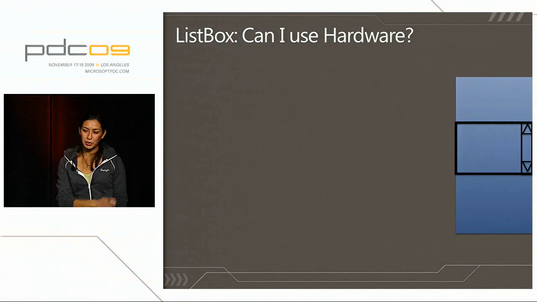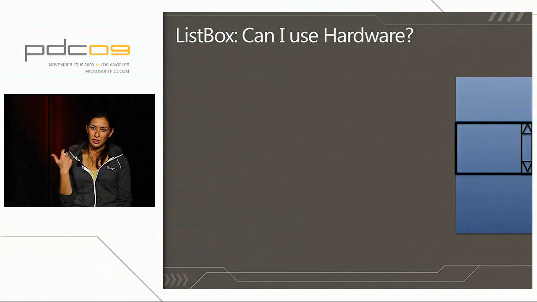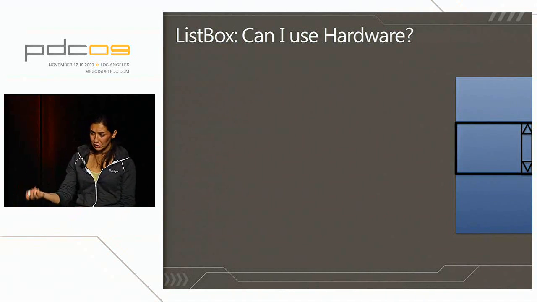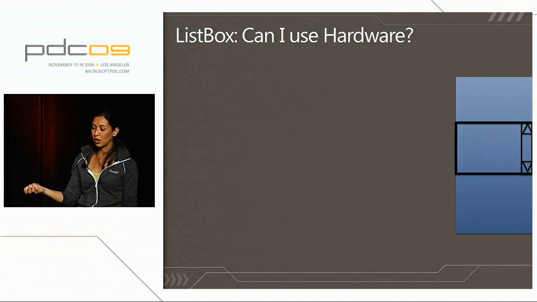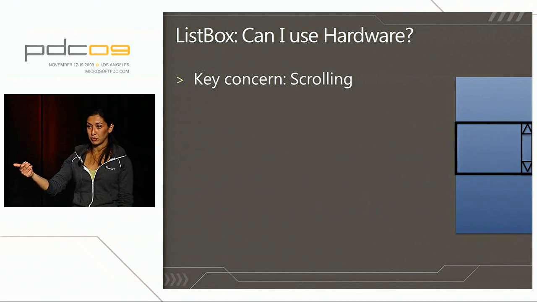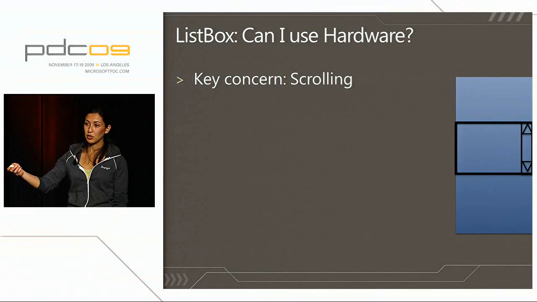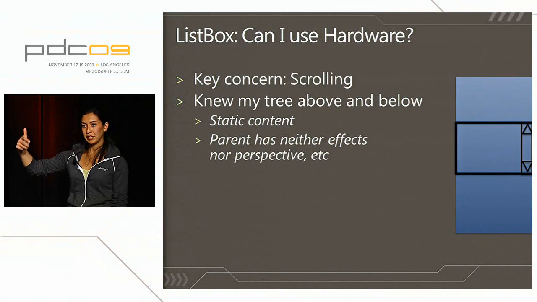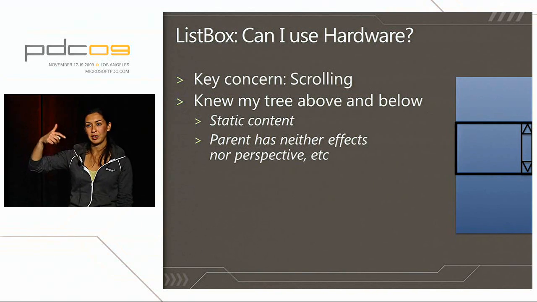So the list box from earlier, I knew that I could use hardware, but I know that we can't use hardware everywhere. The reason that we could use hardware in this control specifically was that we understood that the key concern was scrolling, okay? So with scrolling, we're generally clipping and translating. I knew exactly what was going on in my tree above and below it.